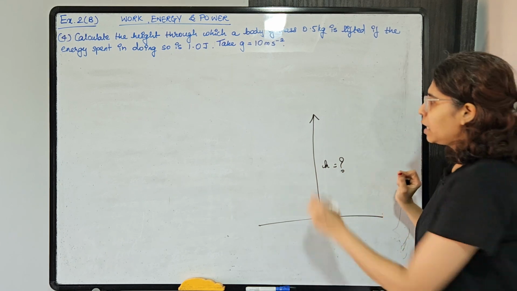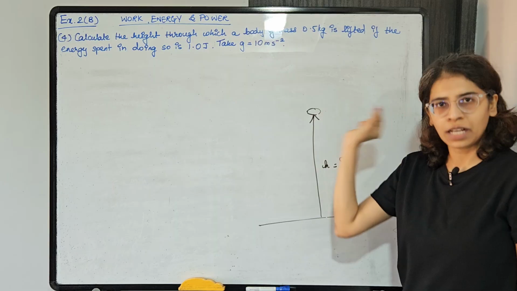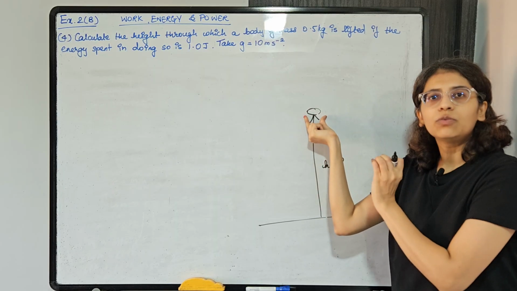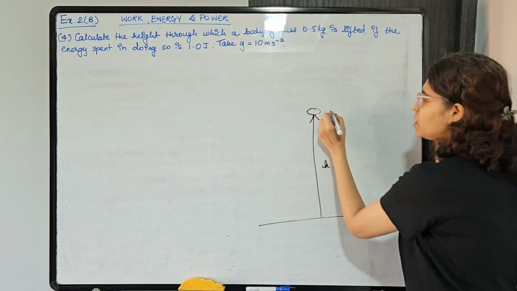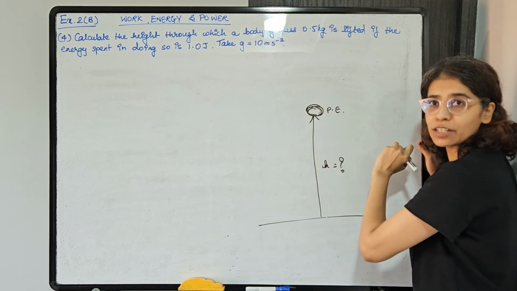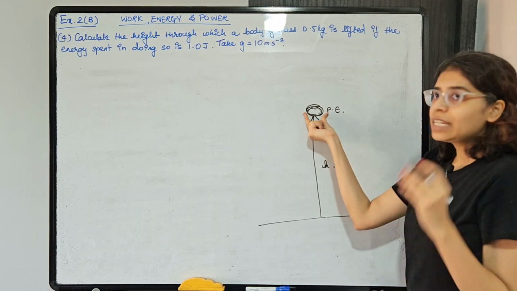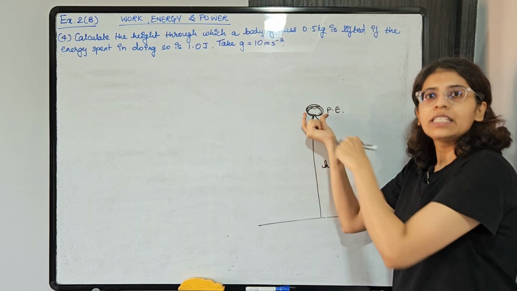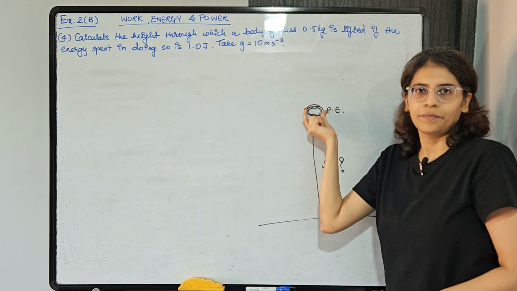Now, when the body is lifted through some height, the body will possess potential energy, right? So the body has gained some energy. The energy gained by the body is nothing but the energy spent in lifting it.